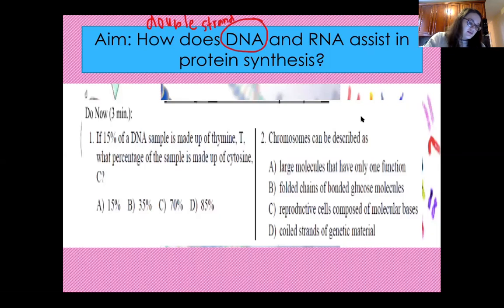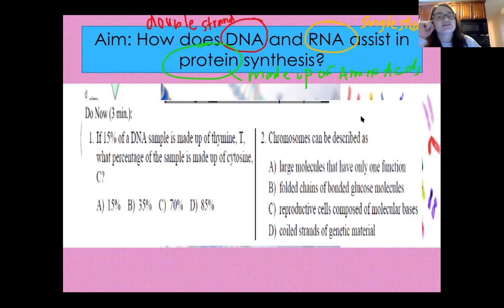I would also annotate RNA, and we know that as opposed to DNA, RNA is single-stranded. And finally, I would underline protein. And we know that proteins are made up of amino acids. And all 3 of those things will come in handy today. So make sure you annotate that on your paper.